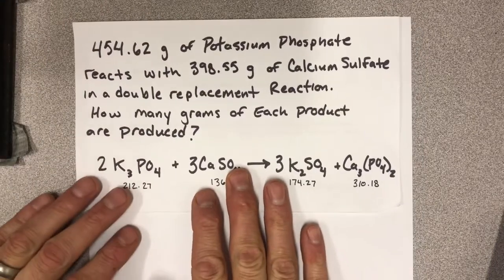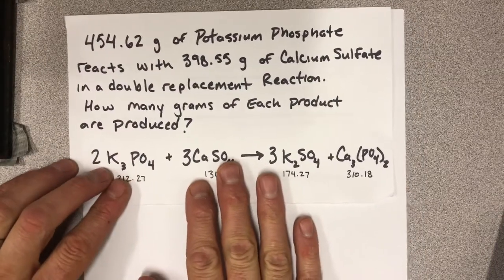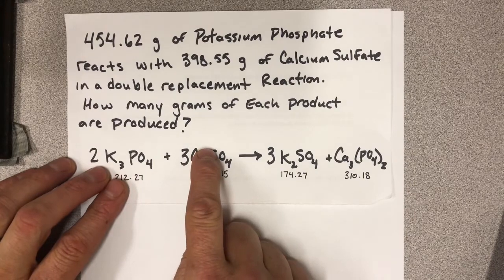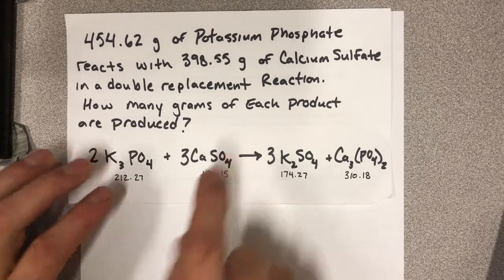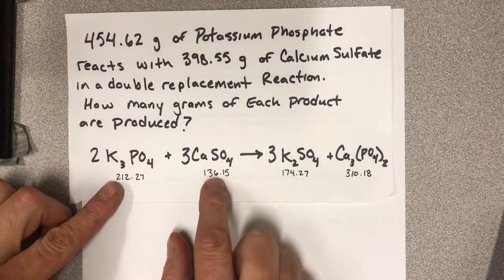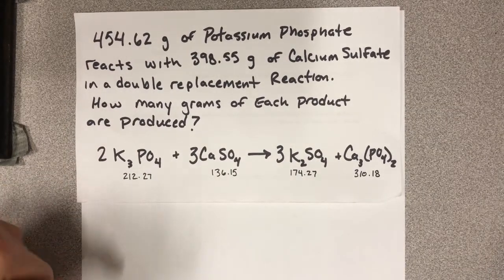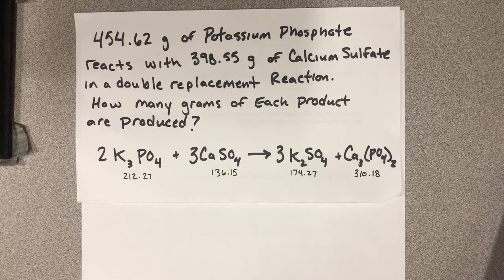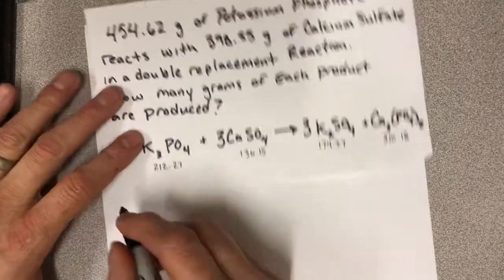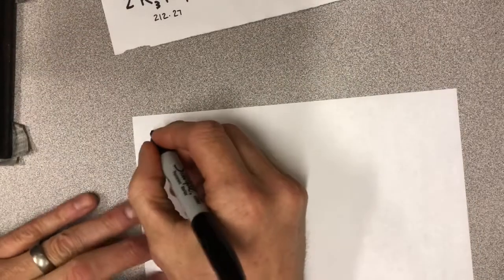Okay, so now that we know what the limiting reactant is in this problem, we can actually go back to the problem and remember that this question is asking us how many grams of each product get produced. And again, we have to calculate those yields based on how much limiting reactant we have to go around. So we just do some stoichiometry here with the same gram to gram stuff, where now our limiting reactant is always used as chemical A. So I'm going to write that down so you have it.